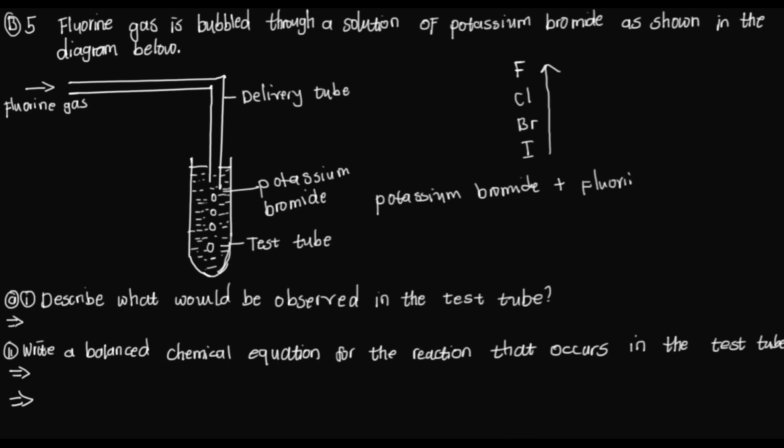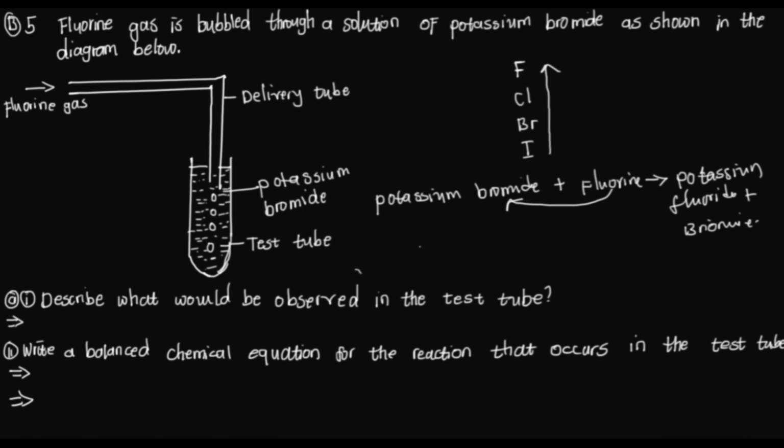Now, since fluorine is more reactive than bromine, the fluorine will displace the bromine, giving us potassium fluoride plus bromine solution.